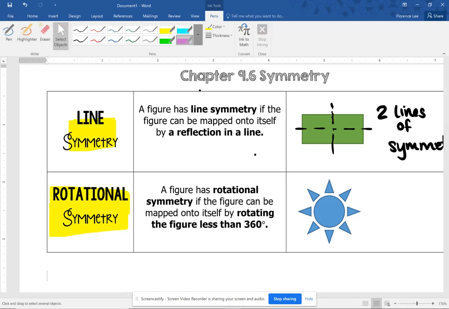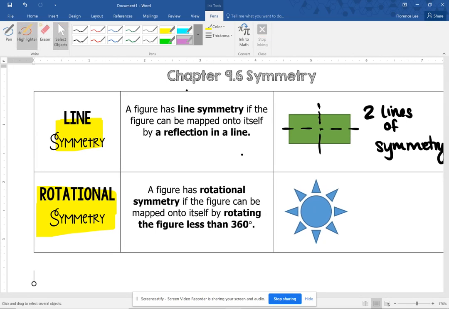Rotational symmetry, what is it? As you can see in the notes right here, it says a figure has rotational symmetry if the figure can be, and there's those words again, mapped onto itself by rotating the figure less than 360 degrees. Why does it say that specifically, less than 360 degrees?